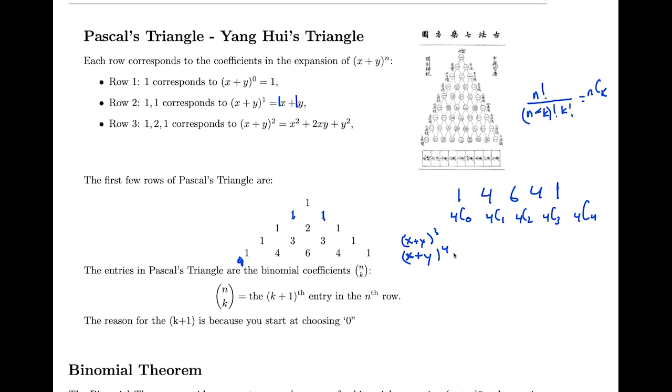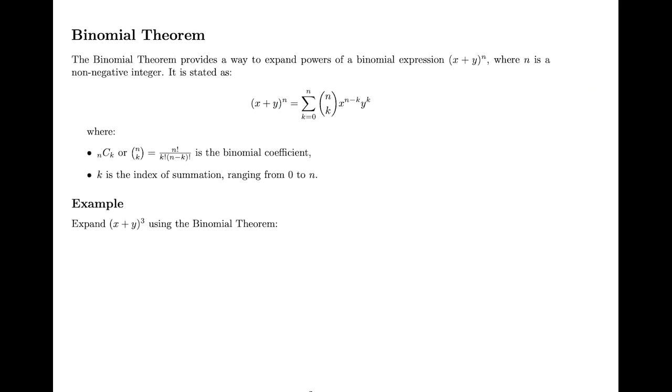The binomial theorem is a formula to expand a binomial to a certain exponent. Now this is the summation symbol, which means that there is a whole bunch of terms that are added together, starting with k equaling 0 and going through 1, 2, 3, all the way up to n.